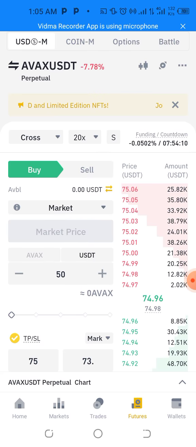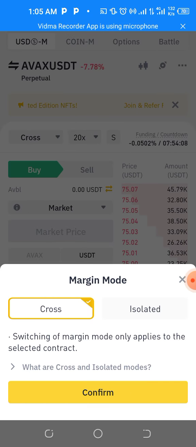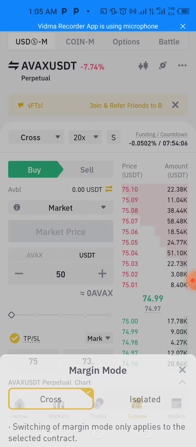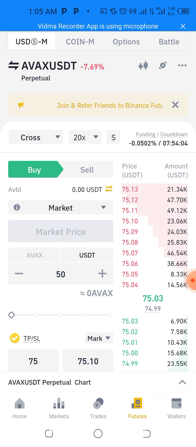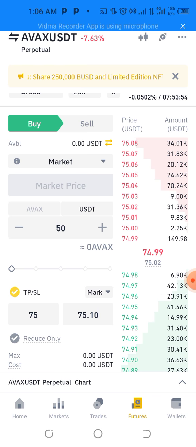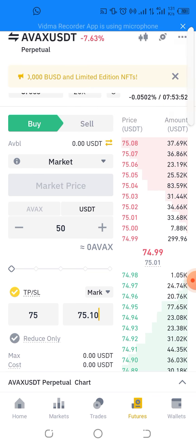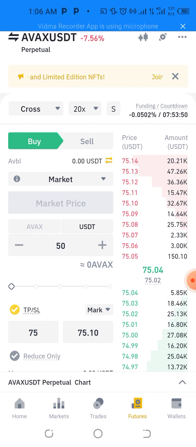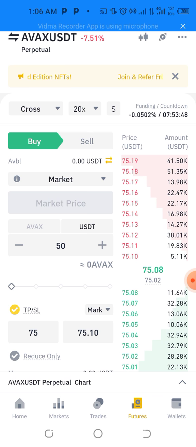Let's say now this coin is 75.03. Oh my god, this coin is really going down. Something that was 75.7 something has entered 74.99. So let's say this coin eventually went to 73 or 74 actually.